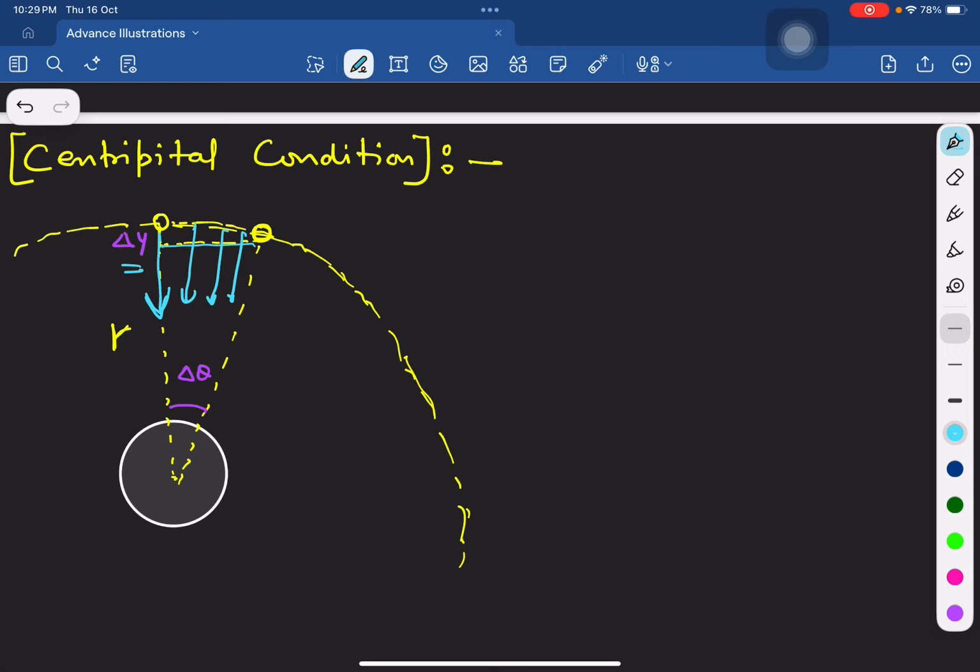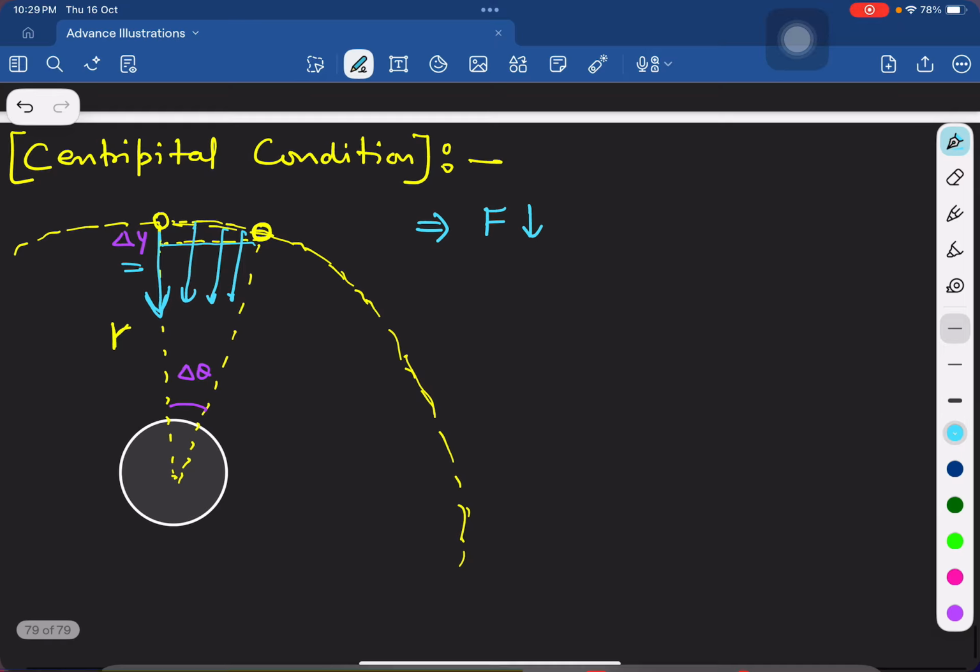So for this delta theta, there is some force acting in the downward direction guys. This force is nothing but your gravitational force towards the center, and that is GMm by r square we know. So guys, this is the force which is acting towards the center.